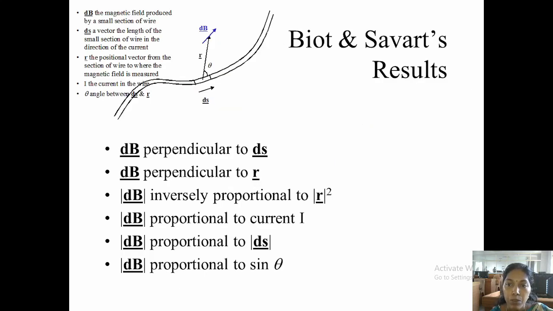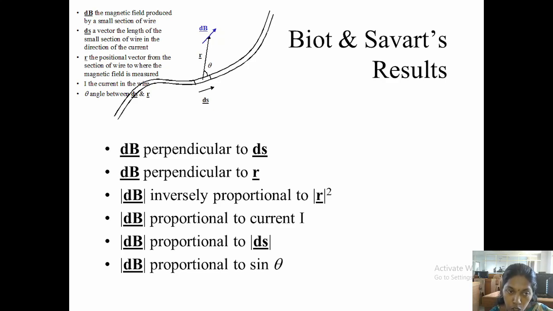The Biot Savart Law results show that dB is perpendicular to ds, and also dB is perpendicular to the r vector. As they are perpendicular, it is a cross product. The magnitude of dB is inversely proportional to the magnitude of r. What is r? The r is the position vector from the section of wire to where the magnetic field is measured.